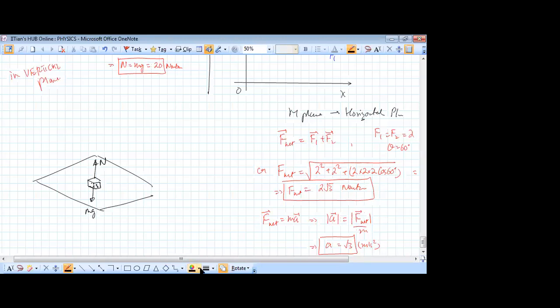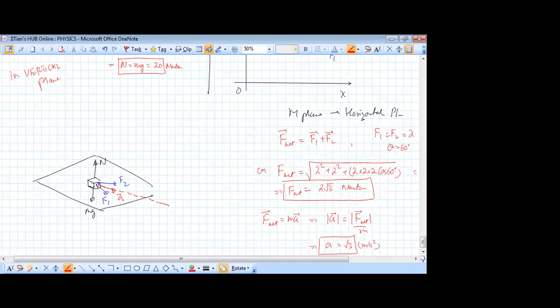But you also have the external forces which are acting in the horizontal plane. So this F1 is acting along the x-axis, but F2 is acting at 60 degrees. So ultimately, the block will end up accelerating in the direction that bisects F1 and F2. The block will end up accelerating along this axis. Accelerate along this direction in that horizontal plane.